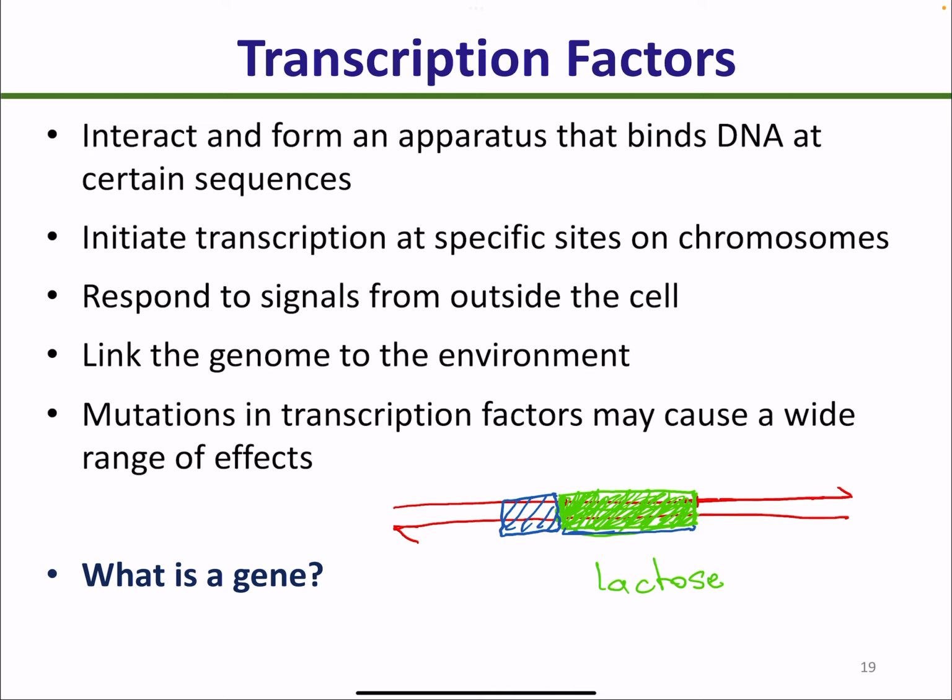That sequence that is ahead of this sequence in green is called a promoter. A promoter actually sets where the gene starts, and then we have down here a terminator that sets the limit of where the gene stops.